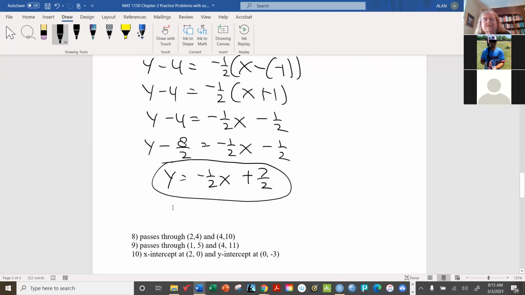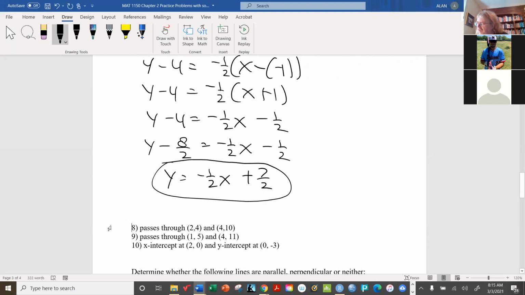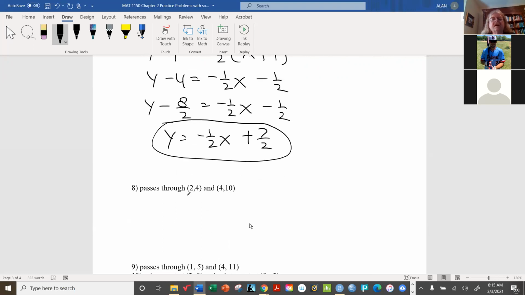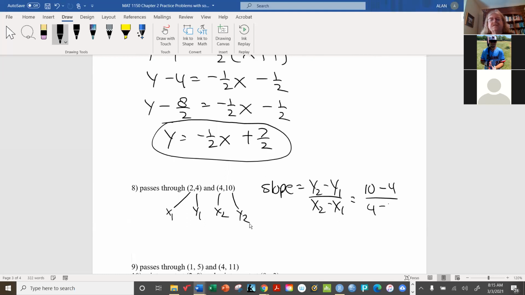All right, now these next two, we just have the 2 points. So that means it's a little bit more straightforward, I think. You can identify this very easily as x1, y1, x2, y2. (10 minus 4 over 4 minus 2). That would be 6/2, which is 3.